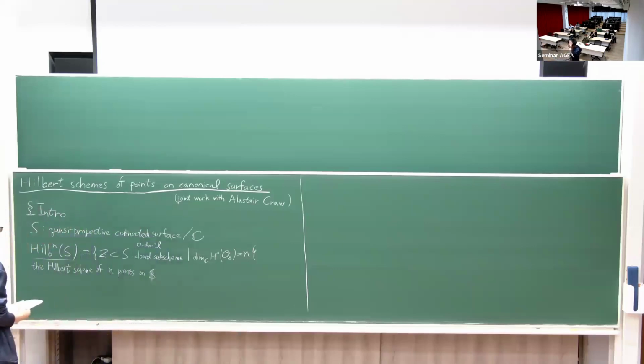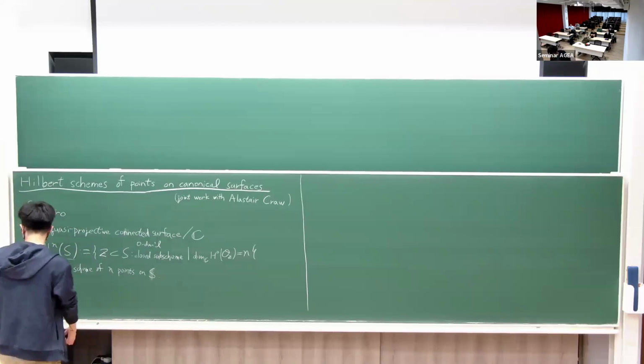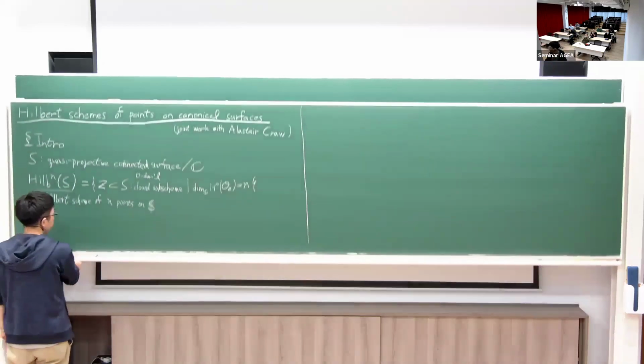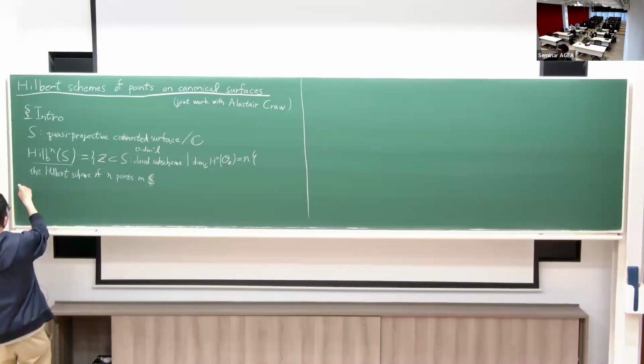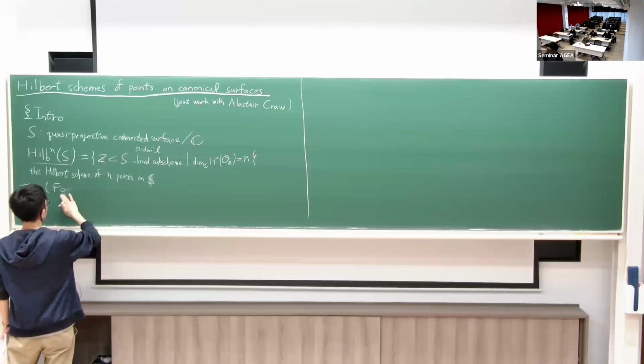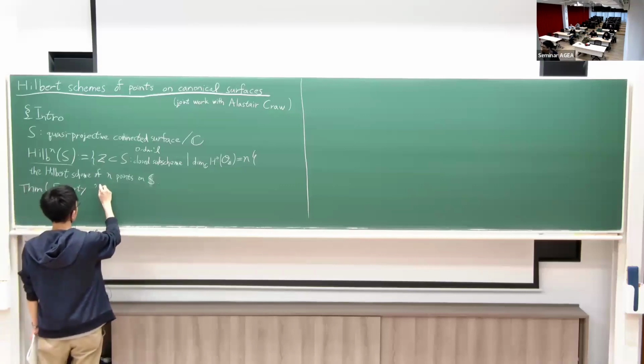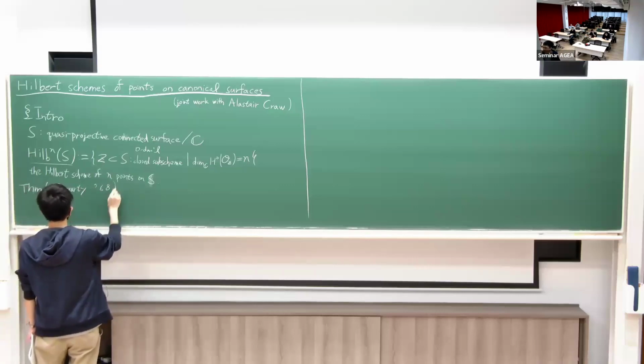So the aim of this talk is to give a generalization of the famous result by Fogarty. The theorem by Fogarty is stated as follows. This result was published in 1968.